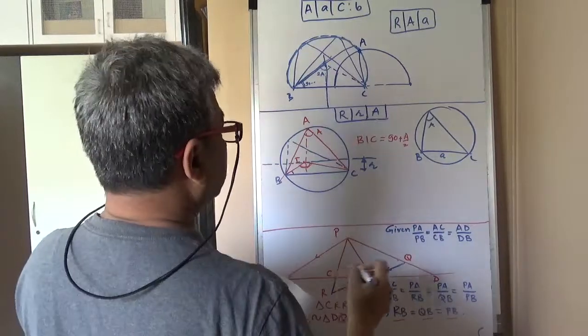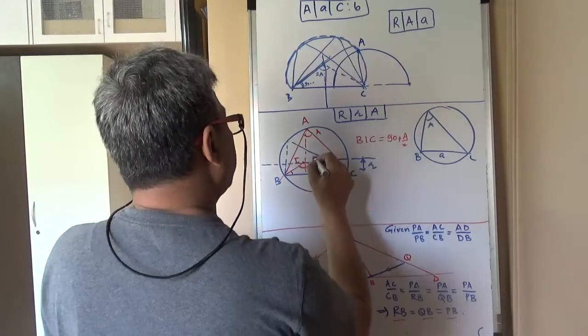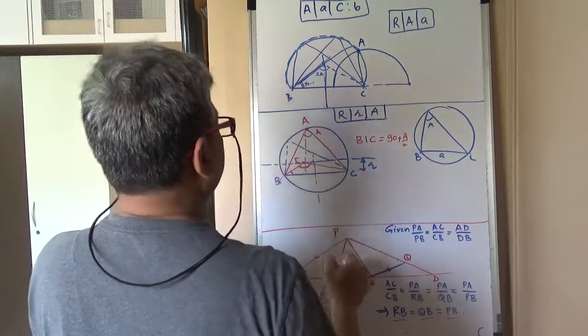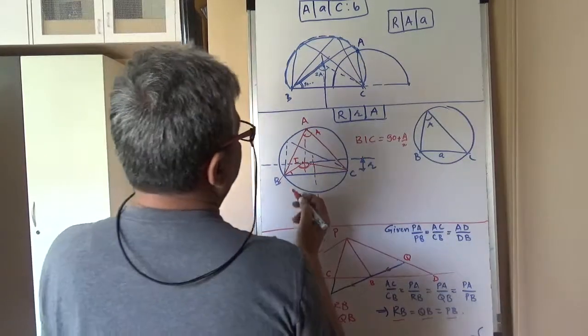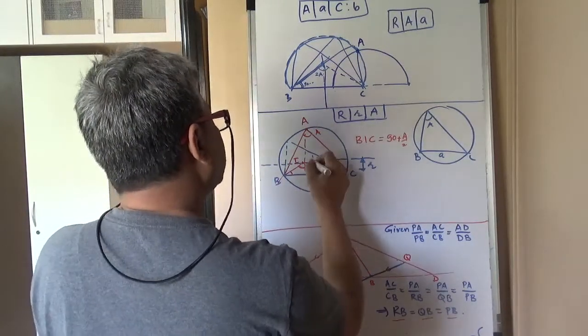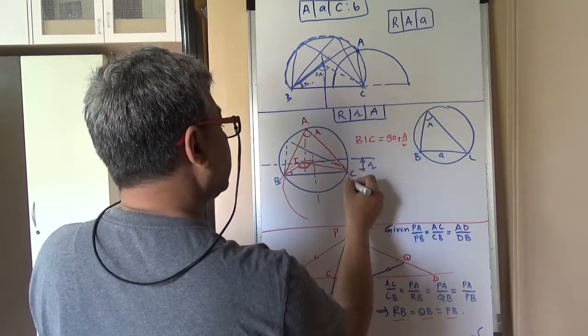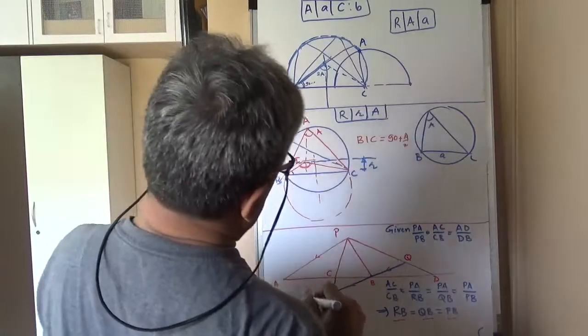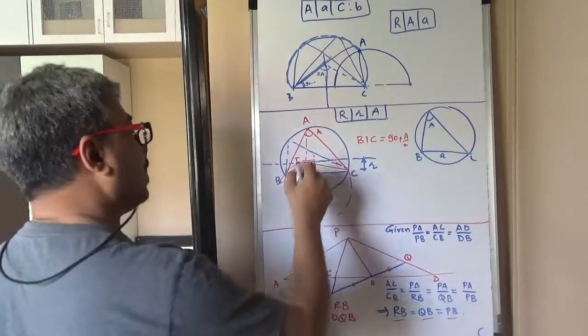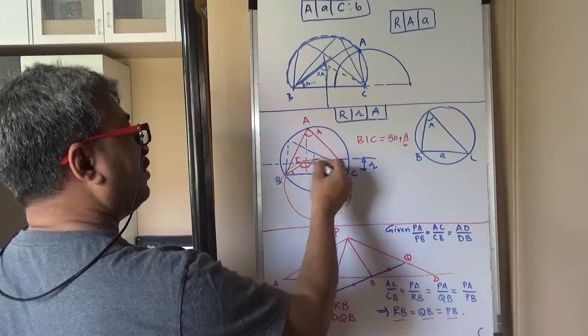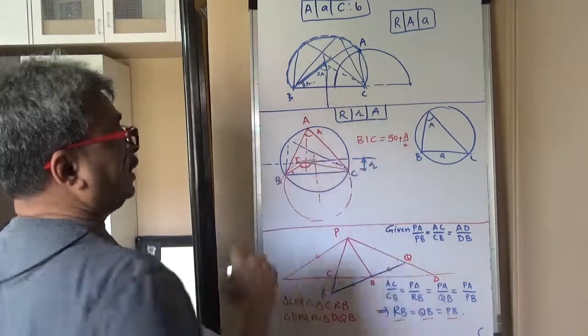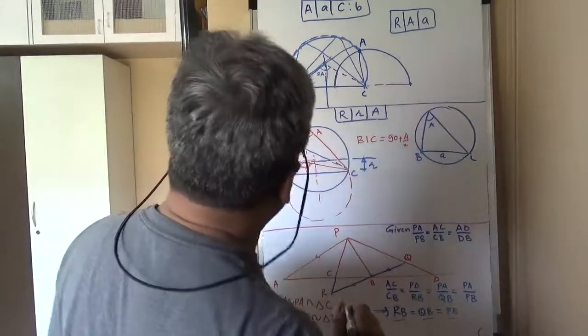How do I finish the construction now? I draw the perpendicular bisector, which is already there, and then I calculate the circumcenter. Suppose now I am interested in this particular locus, which is the locus of I. The locus of I will be this arc, and then we are supposed to find that arc.